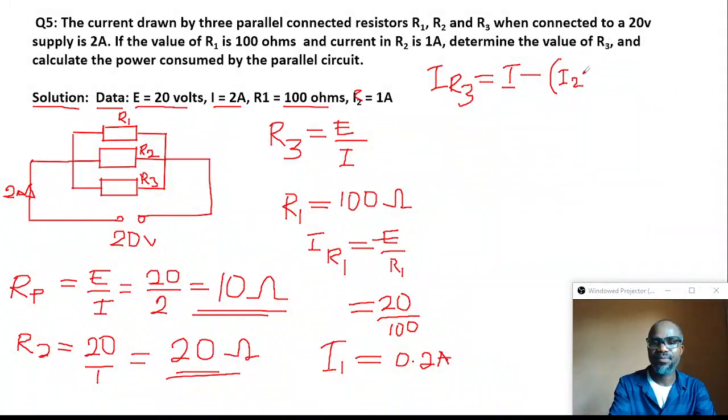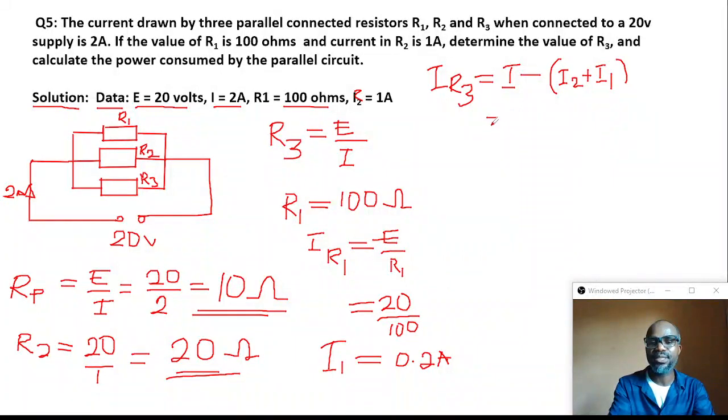Whichever way it comes, it could be R1 first or R2 first, so there's no problem with that.